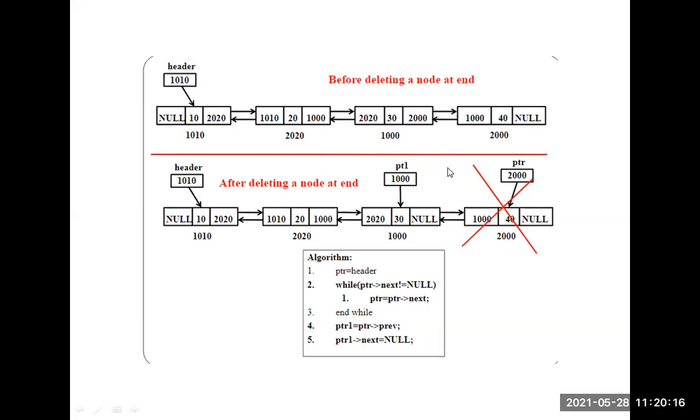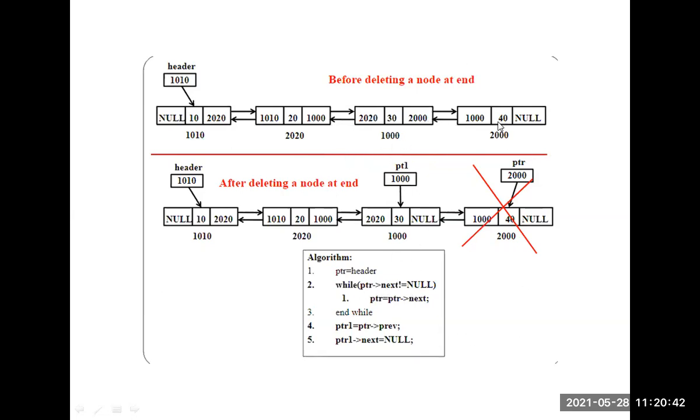So pointer is 2000, pointer one is 1000. So pointer's right link contains null. In this way, you have to see the double linked list. I am considering two variables here, pointer and pointer one. Pointer one initially I am taking as null, then I initialize pointer one to pointer.